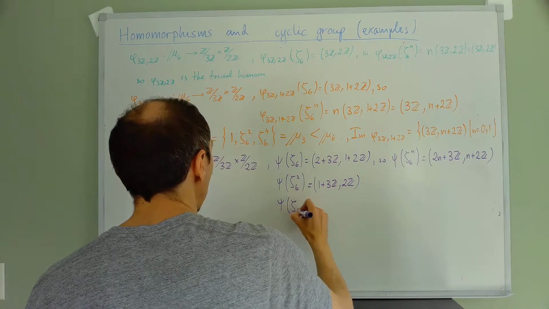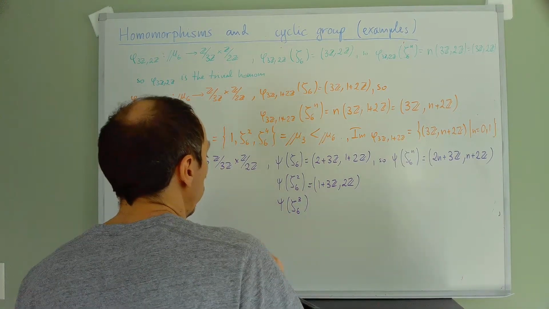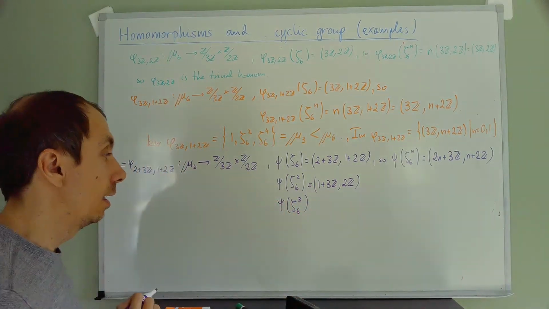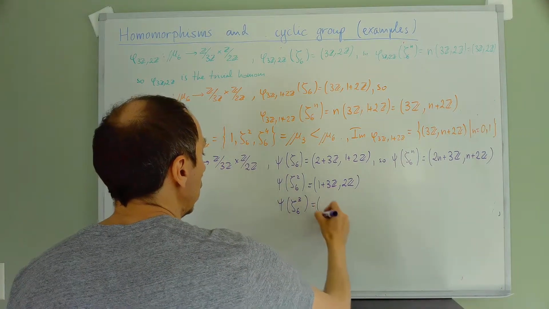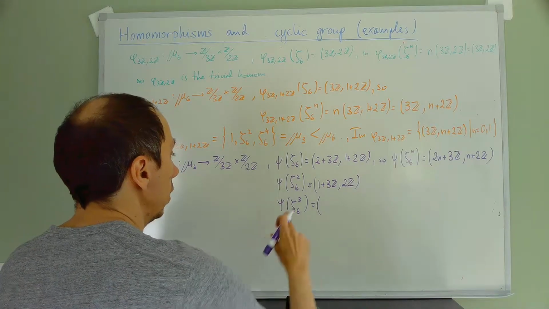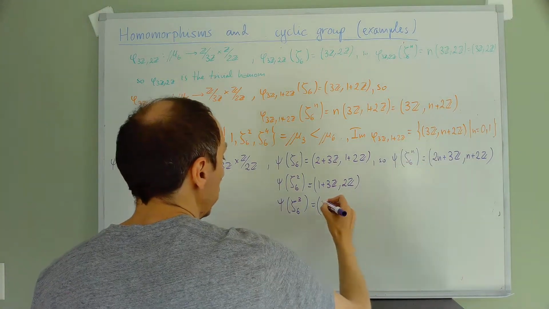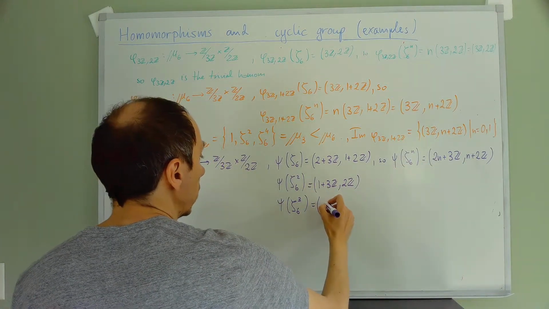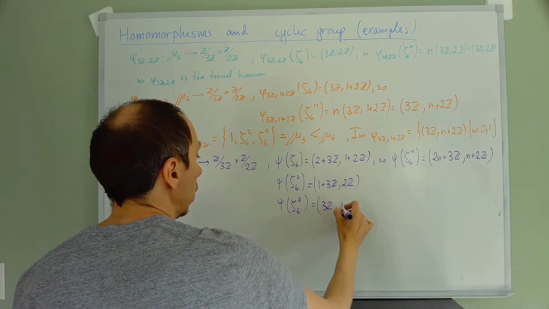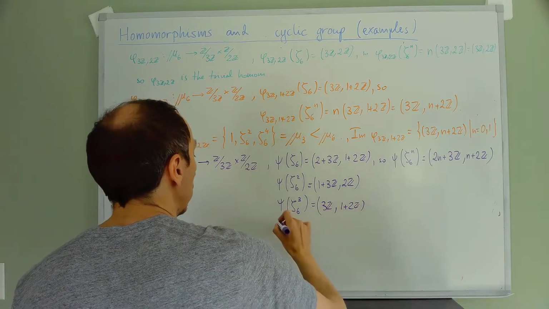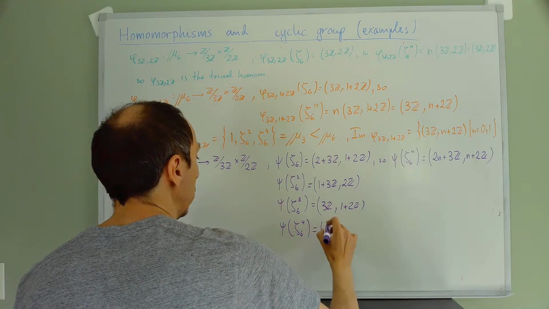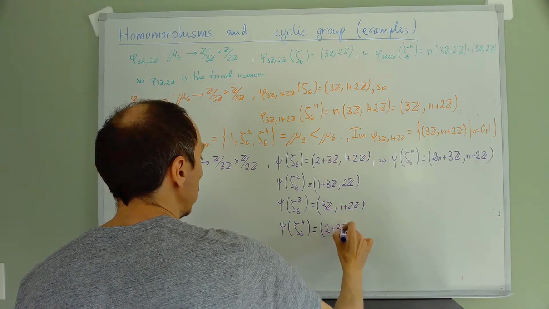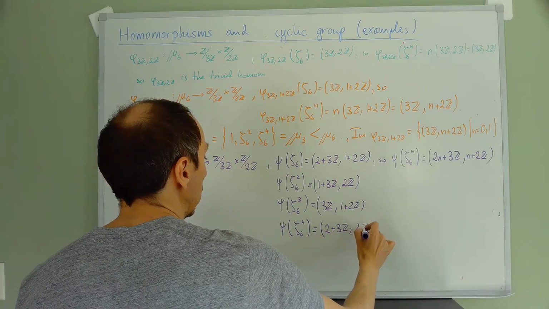Cubed, which by the way is minus 1. Zeta 6 cubed is minus 1. So where does this go? I'm putting 3 here, so it's actually 6 plus 3z, so that's 3z, 1 plus 2z. Let's do zeta 6 to the 4th power. Well, that's again 2 plus 3z, 2z.